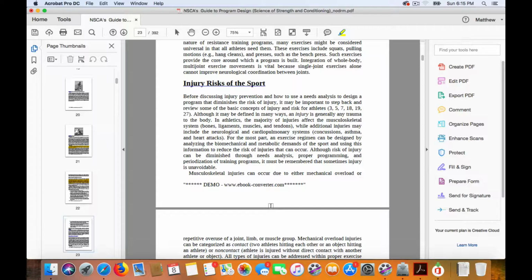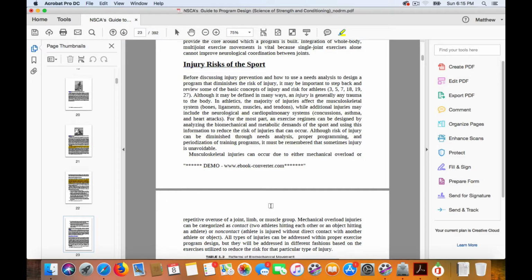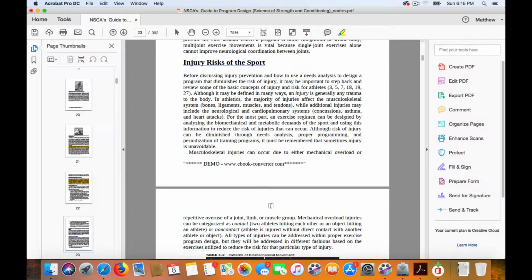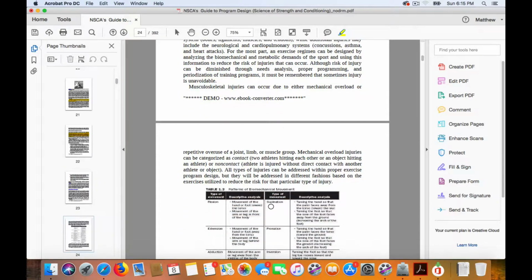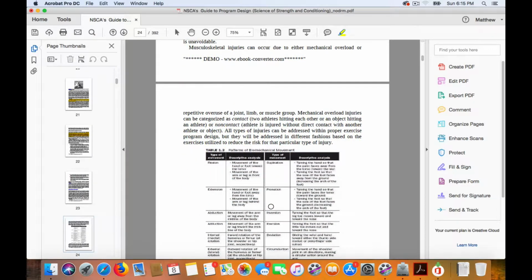There's not much you can do to prevent that. But there is a lot you can do to prevent an ACL from rupturing on foot contact with the ground, right? Making sure that the biomechanics are sound, that the athlete has enough strength to withstand the entire athletic event, and utilizing that strength properly.